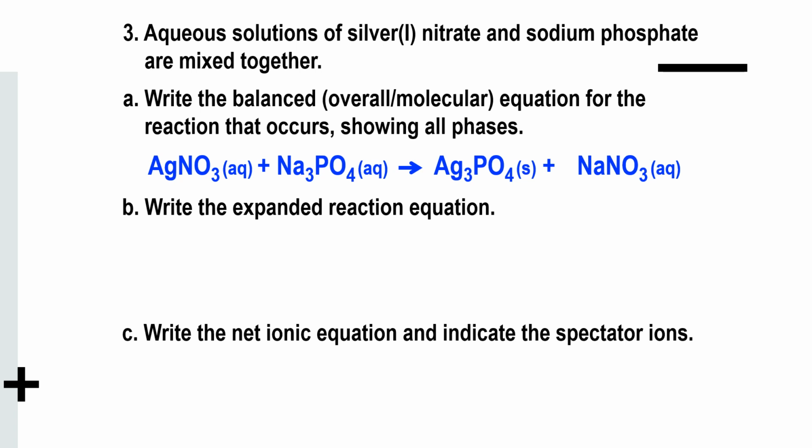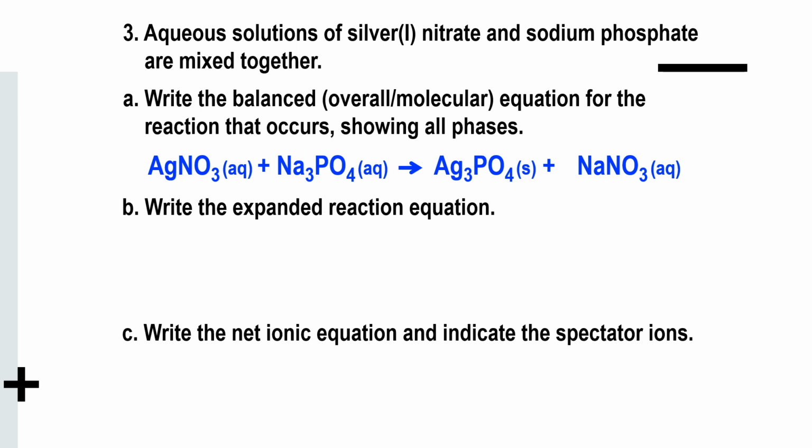You want to use your solubility rules to make sure your solid is a precipitate. It also doesn't dissolve in water, okay? And then another rule of thumb, not always true, but generally the transition metals like to precipitate more than others. There are plenty of exceptions, but generally your transition metal is the precipitate, okay?